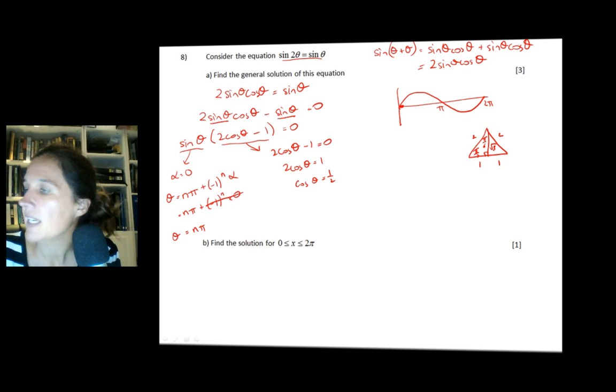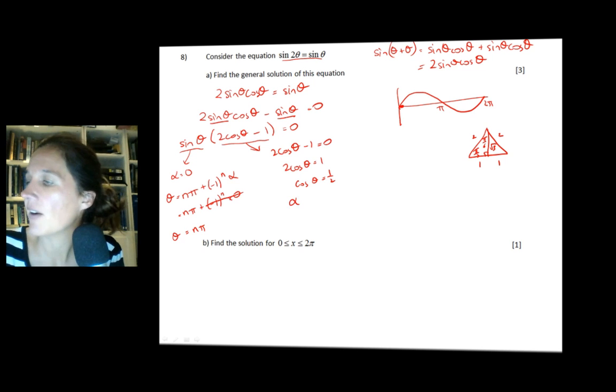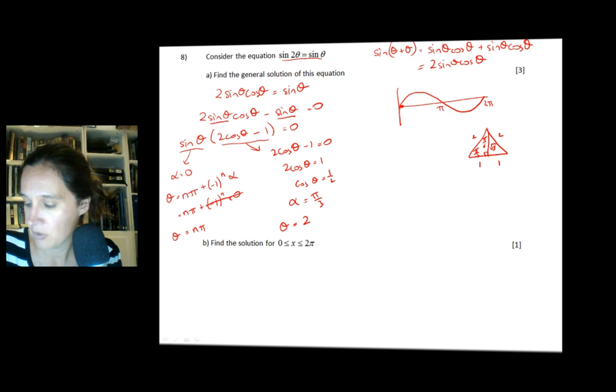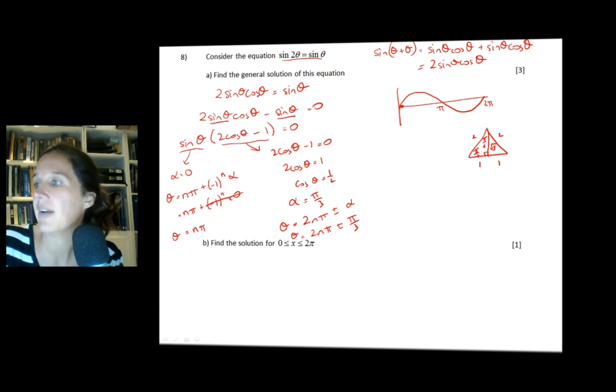So for cosine theta to be equal to a half, our alpha is equal to pi on 3. For our general solution, theta is equal to 2n pi plus or minus our alpha, so 2n pi plus or minus pi on 3. And so these two are our general solutions for this equation.